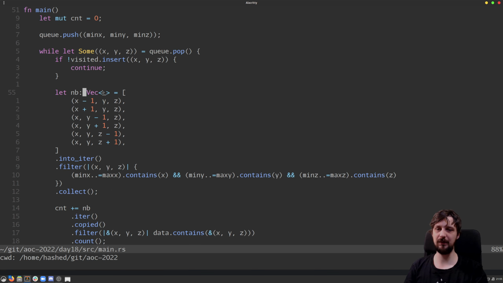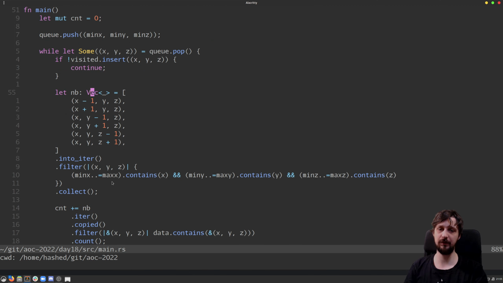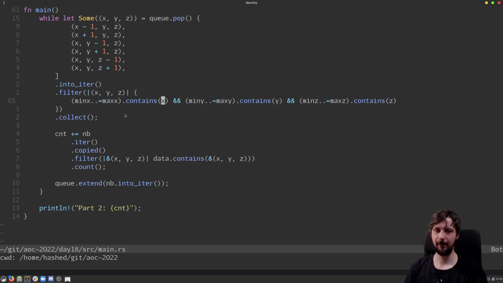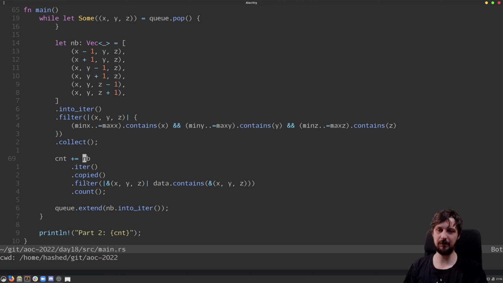Then I get my neighbors, and I don't use an array. I just collect them to a vector because I immediately want to filter those which are outside of min max, so I don't need to bother about them later. I don't go infinite. It's simple enough. I ignore anything outside of my bounds. Then I increment my count by how many neighbors, either copy for convenience, are in my data.